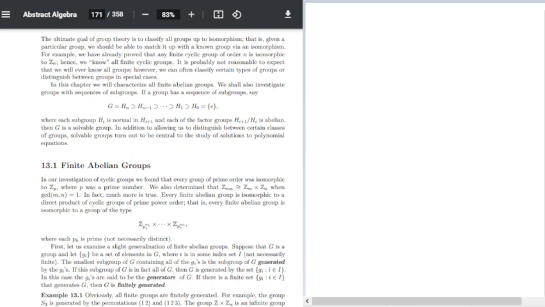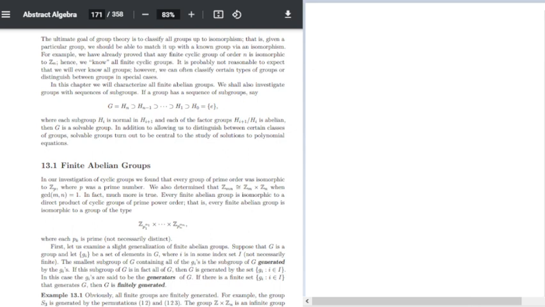In this chapter, we will characterize all finite abelian groups. We shall also investigate groups with sequences of subgroups. If a group G has a sequence of subgroups, say G equals Hn, and Hn minus 1 is a subgroup of Hn, all the way up to H0 is a subgroup of H1, and H0 is equal to the identity element, where each subgroup Hi is normal in Hi plus 1, and each of the factor groups Hi plus 1 over Hi is abelian, then we may call G a solvable group.